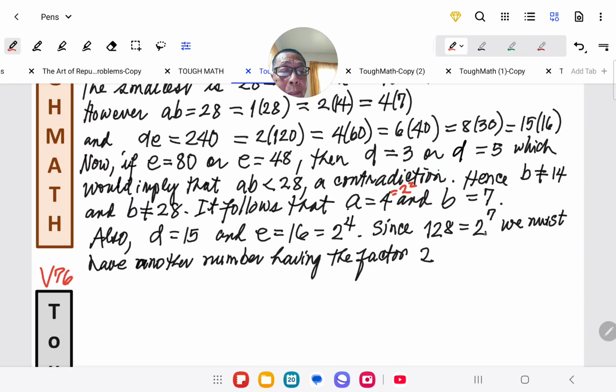But 128 is 2 to the 7. So 2 to the 4 times 2 squared is just 2 to the 6. That's the reason why we need another number which has a factor 2. And that number is the middle number, which is C.